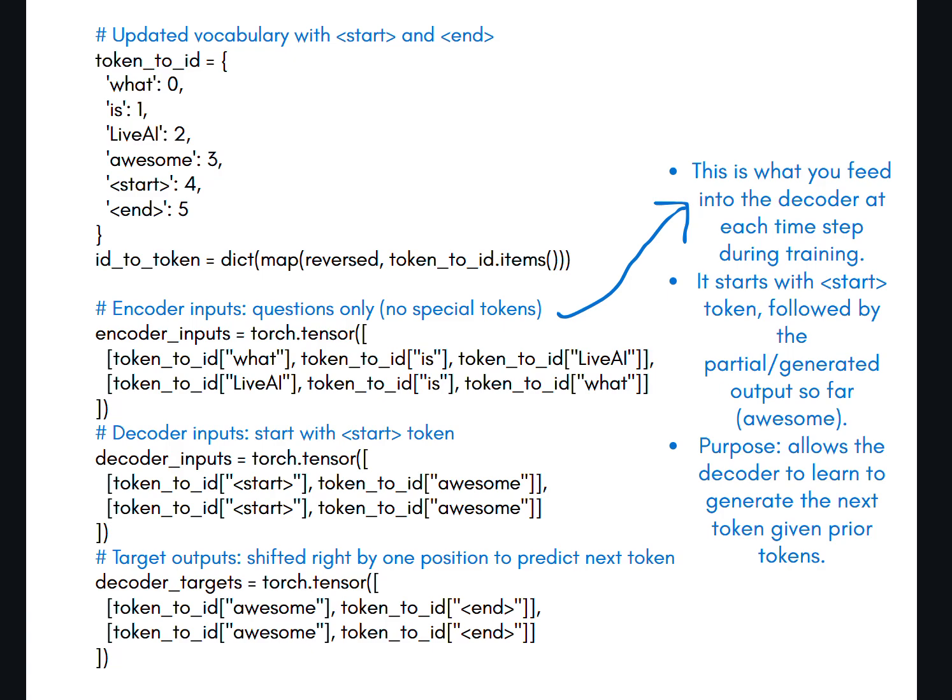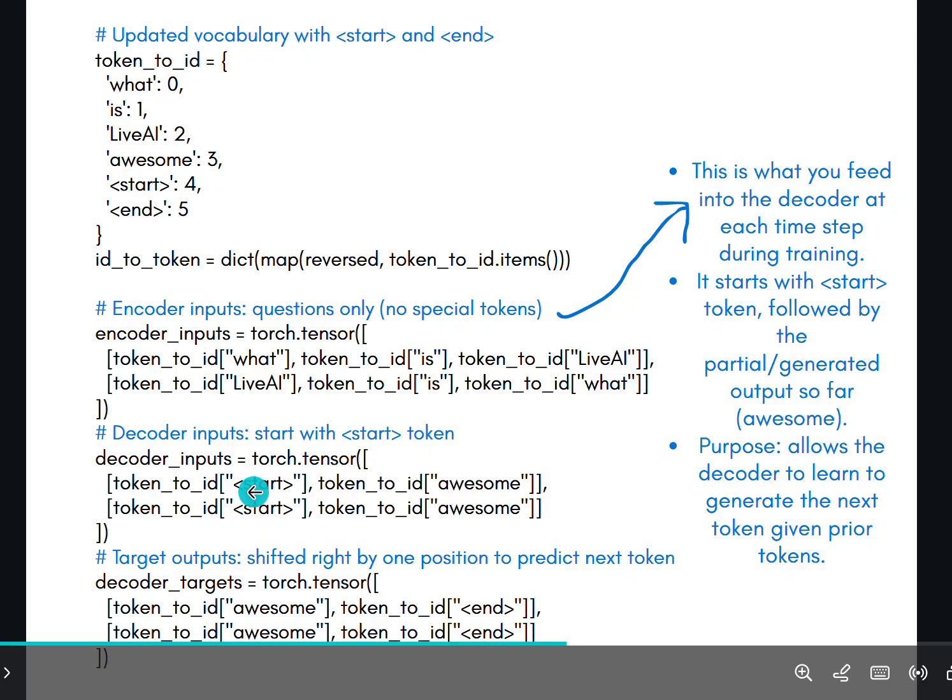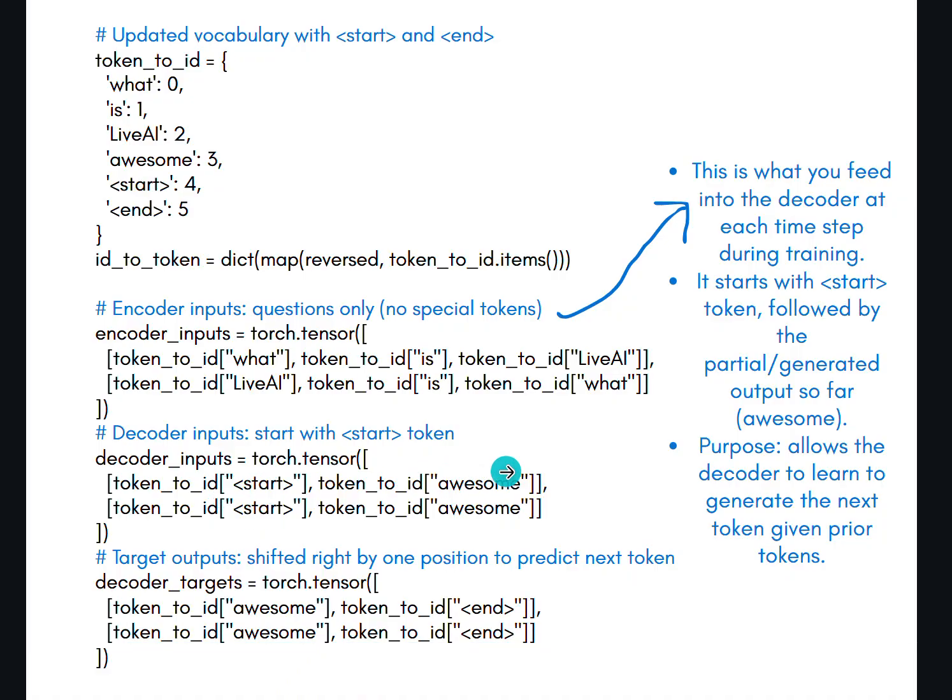But it also needs an input. So it begins with a start token, followed by the non-generated tokens or the partially generated tokens. So for example, start awesome could be something we could have, but here I'm just using start awesome.